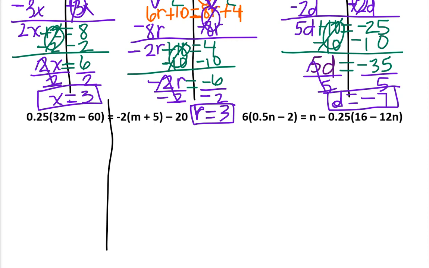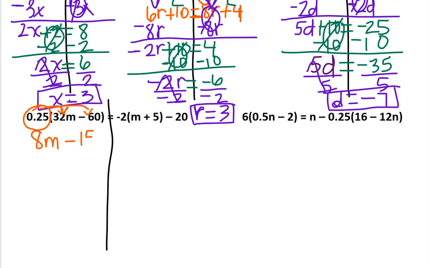Okay, so over here on the left side, I'm going to distribute this 0.25. When I distribute it to 32m, that means multiply it, I get 8m. Look at that, it became a beautiful whole number. Then when I distribute it over to negative 60, I get a minus 15.